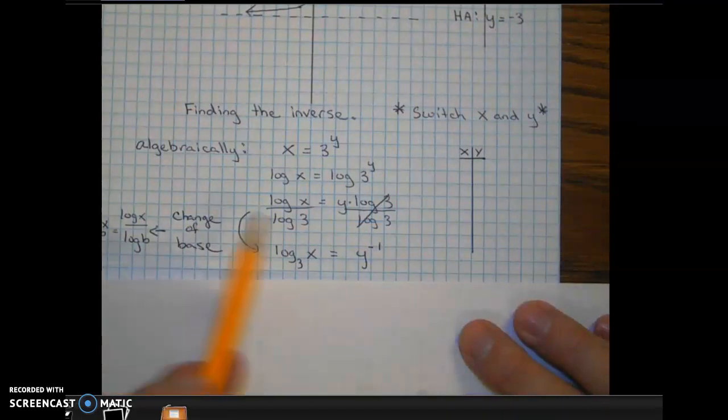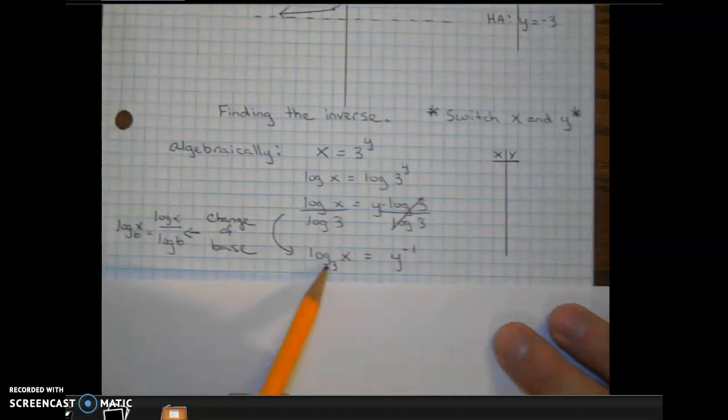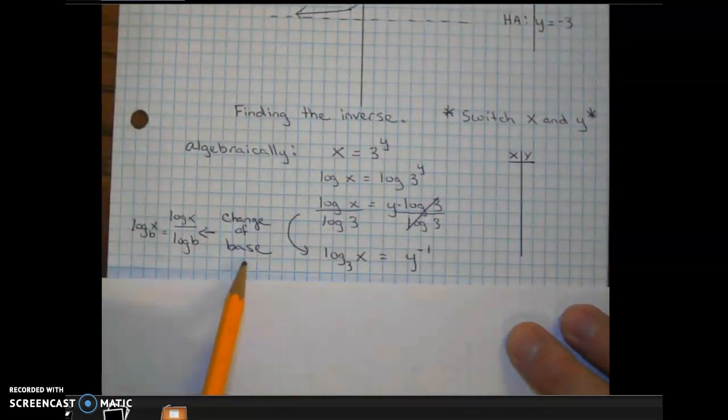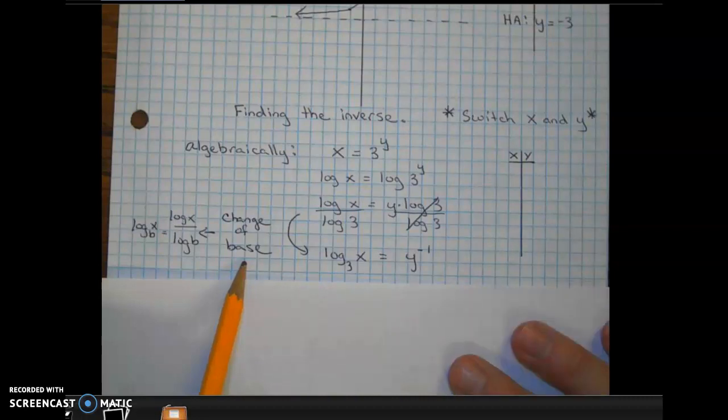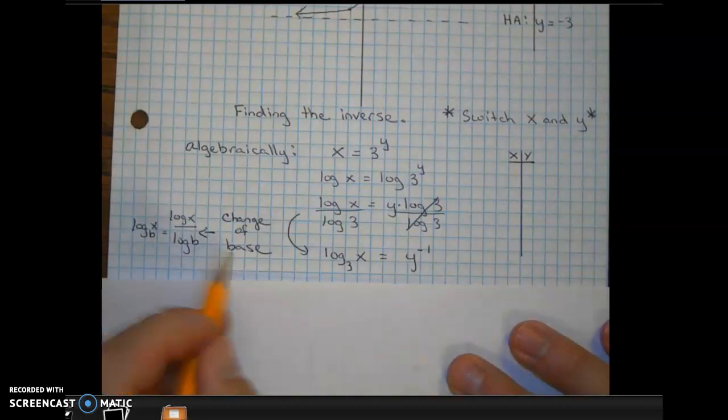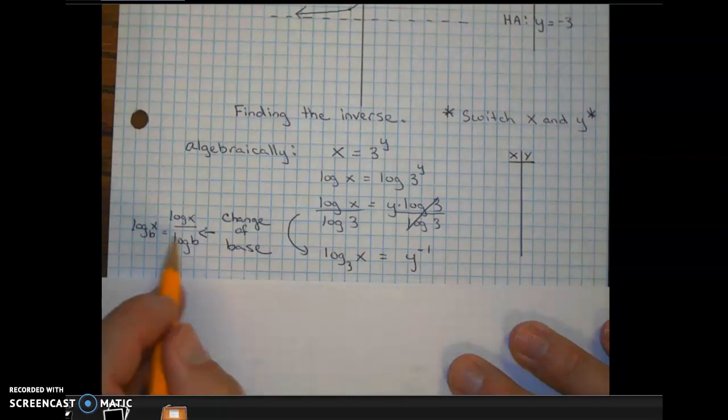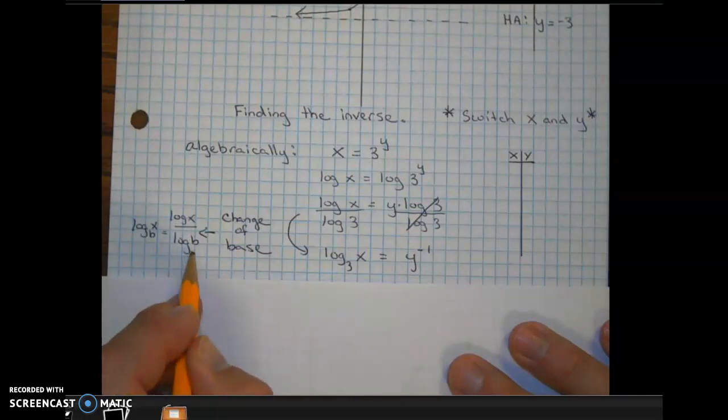Now let me explain how I went from this to this. I used a property called the change of base property. This is an important property to understand. When you have the same base, this would be base 10, okay? And remember, base 10 is a common logarithm.